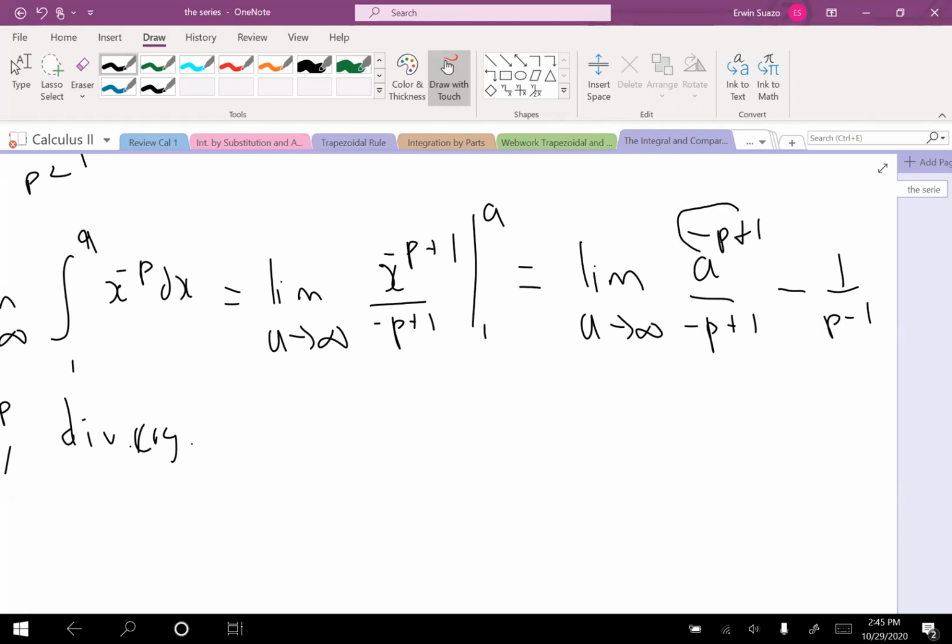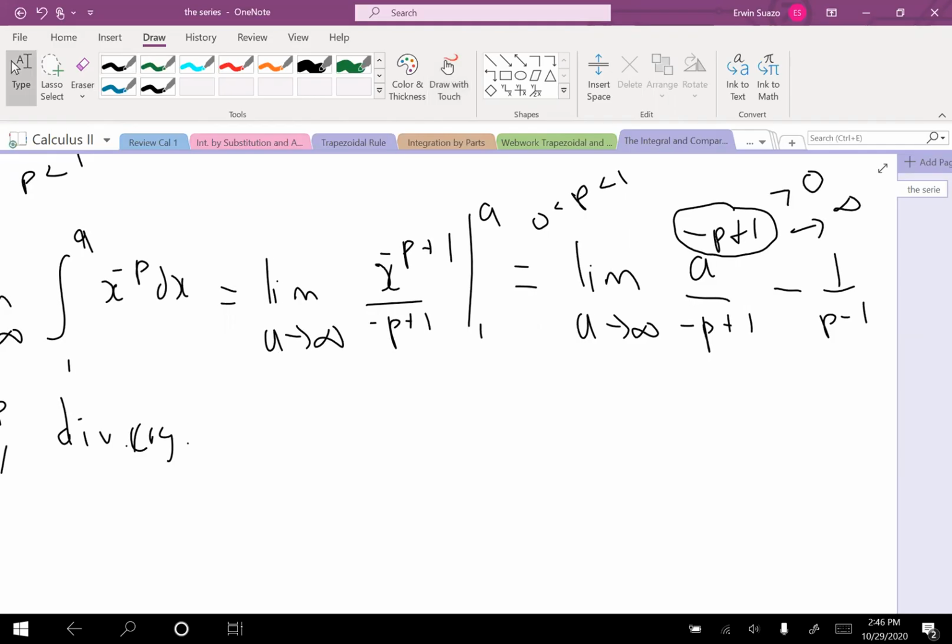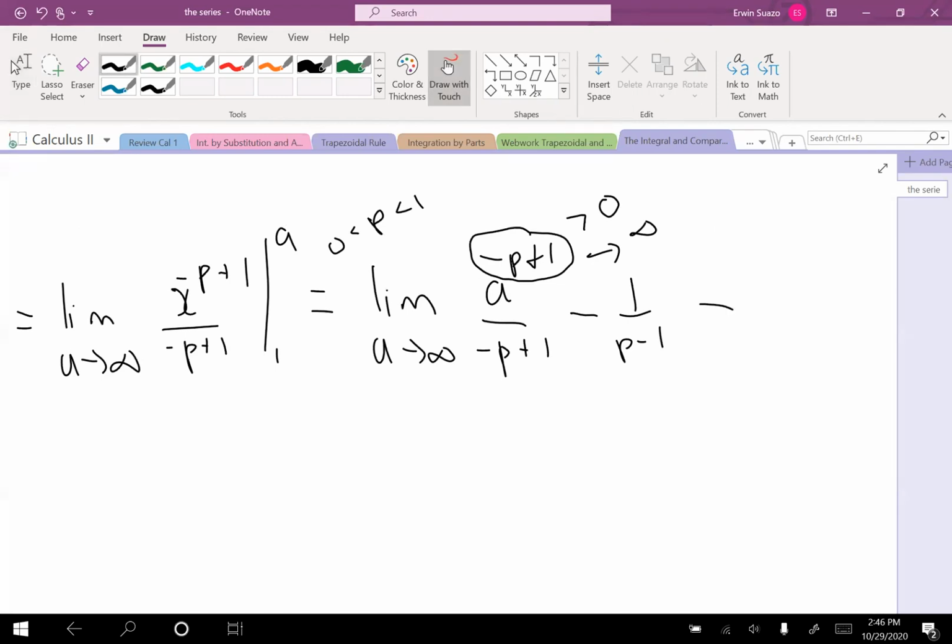It turns out that minus p plus 1 is positive because I'm doing the case p between 0 and 1. If p is, for example, 1/3, minus 1/3 plus 1 is 2/3, so it's a to the 2/3. When a goes to infinity, that gives me infinity. So this integral is infinity.